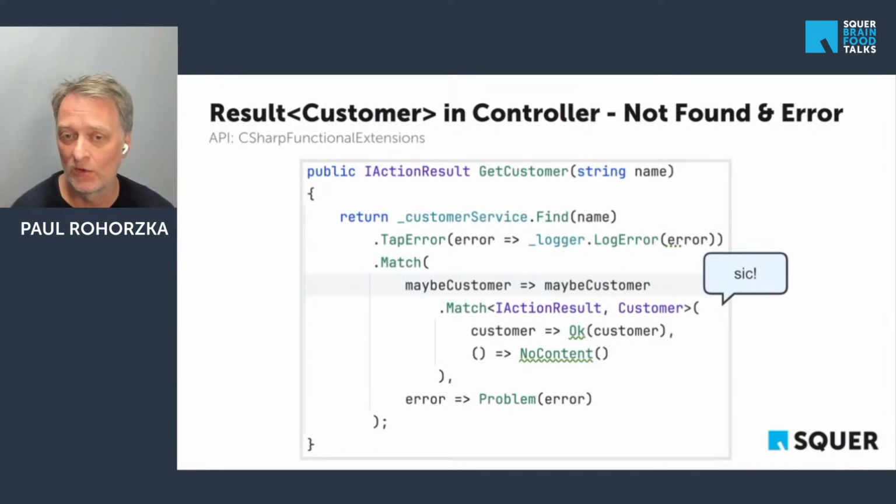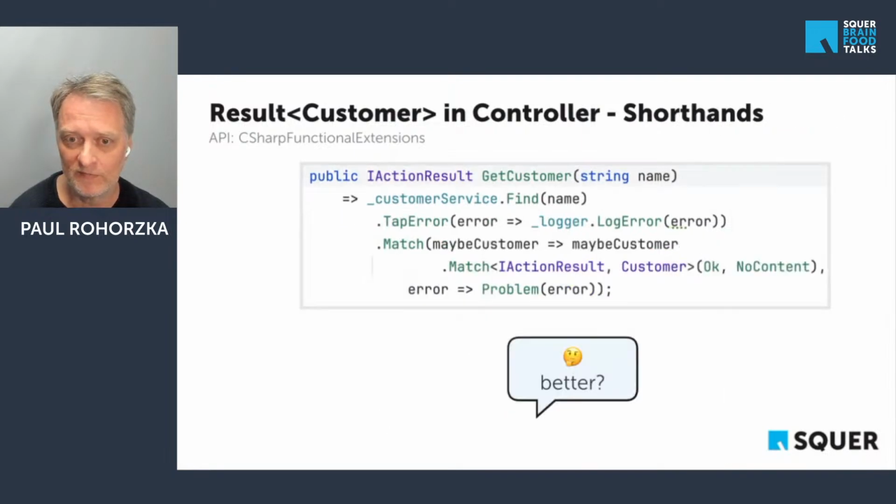We match and say, okay, if we're on the success track, we know we have a maybe customer, and this maybe customer also has these two possibilities, and we match now on: is it a customer or is it not a customer? And here we decide to return an okay or no content. And otherwise, if we don't have a maybe customer, then it was obviously a technical problem, and we would return that from the HTTP method here.